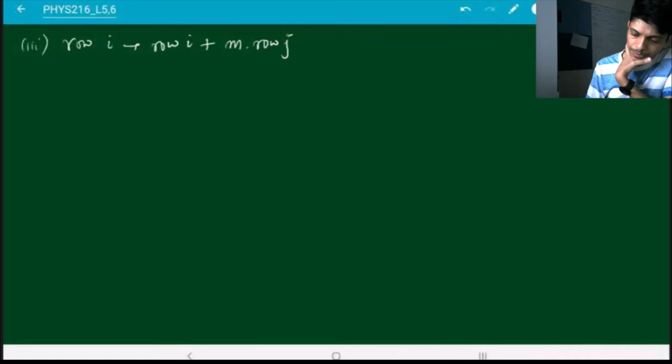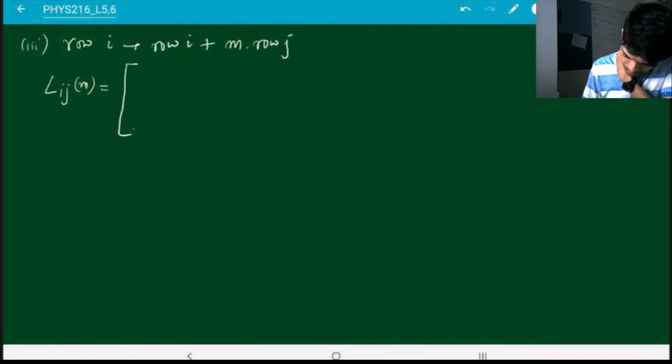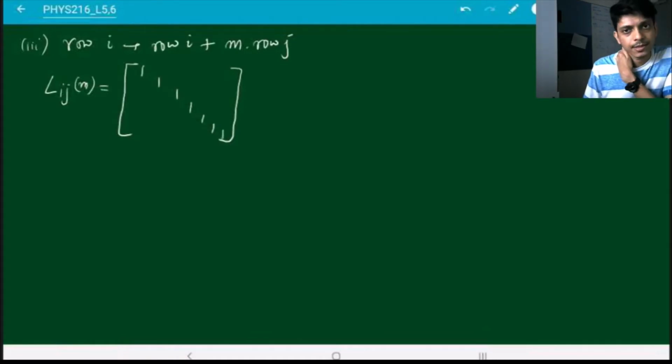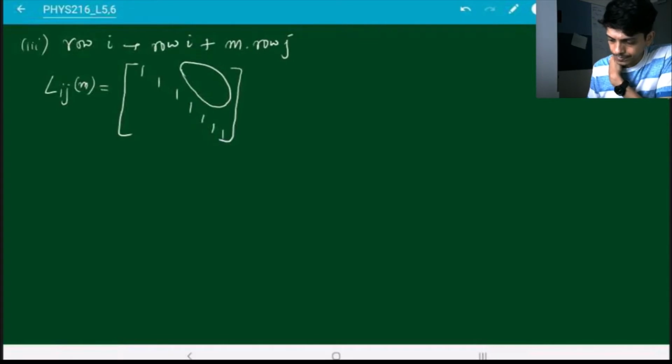In order to implement this, I'm going to define a matrix L_ij of m. In this, you start off with the identity matrix comprising all ones. Everything in the upper triangle, you make it 0. And then over here in the ij-th element, you put an m.